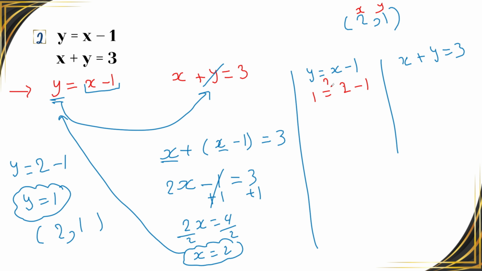Ask yourself, is 1 equal to 2 minus 1? 2 minus 1 is 1. Yes, correct. Then it's satisfied. Next one, x is 2 and y is 1. Is 2 plus 1 equal to 3? Yes. In this case, the point (2, 1) also satisfies the second equation. So 2 and 1 represent the solution for the two equations.